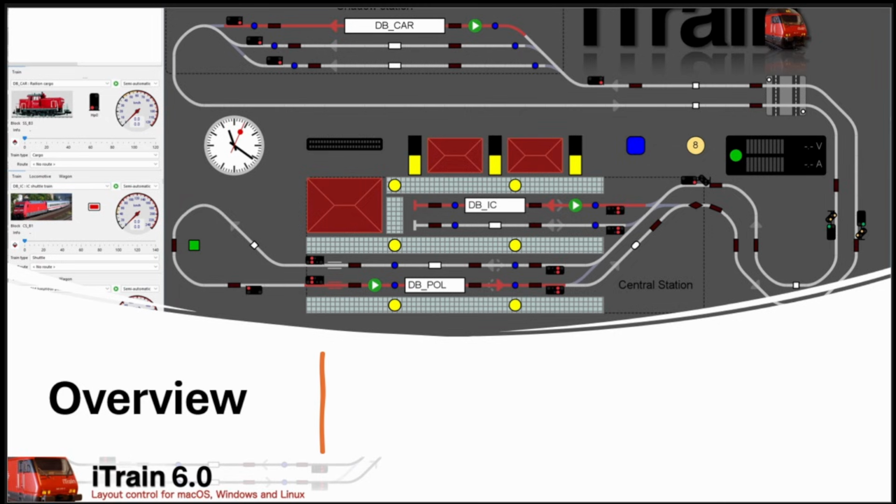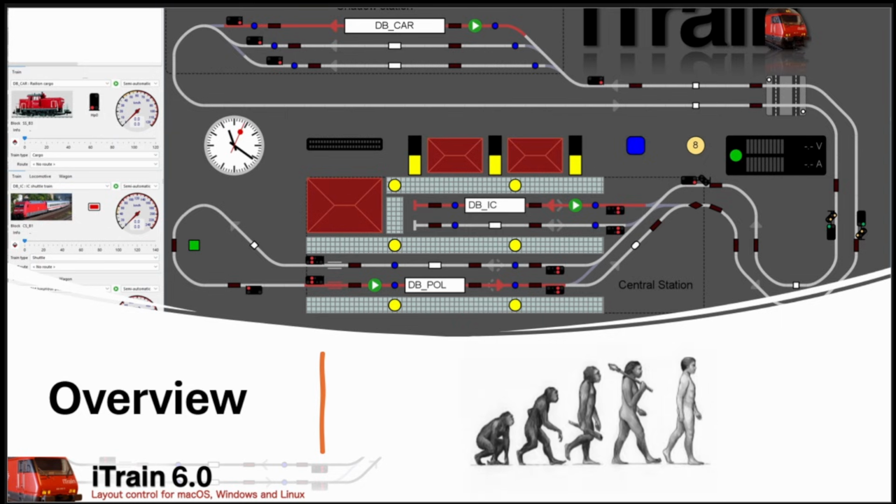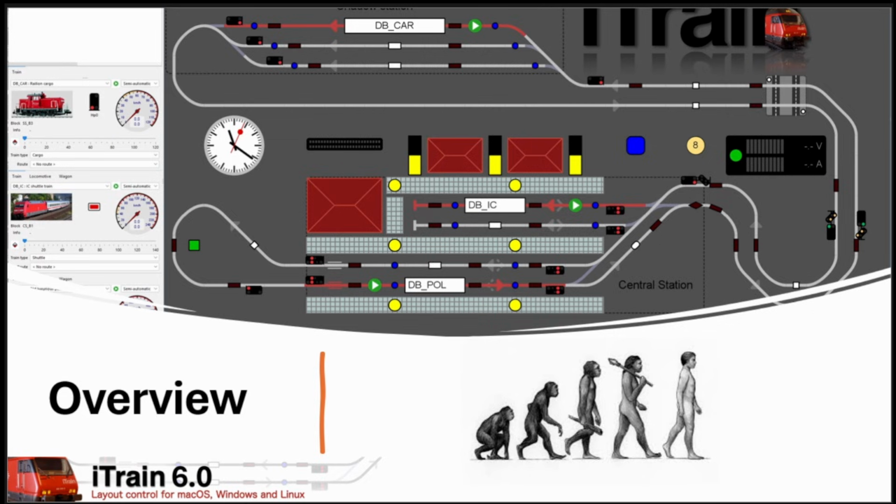The creator of iTrain, Xander Burkhout, describes this as an evolutionary rather than revolutionary upgrade, meaning that much of the theory behind how we use and create an automation program in iTrain has been retained.